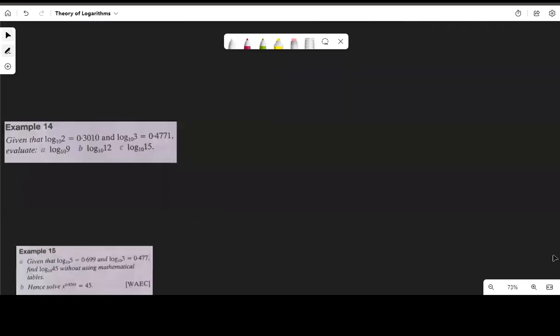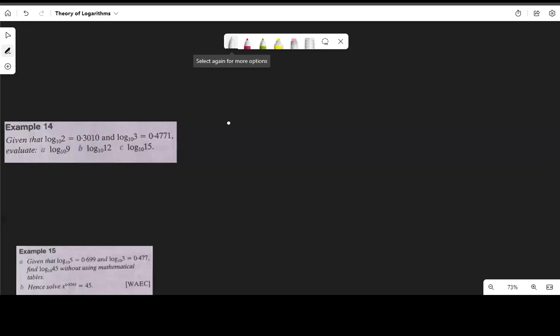We'll continue with example 14, which says, given that log 2 to base 10 is 0.3010 and log 3 to base 10 is 0.4771, evaluate log 9 to base 10, log 12 to base 10, and log 15 to base 10. For question like this, what we do is to express the log given to us in a way that we have a combination of any of these logarithms.